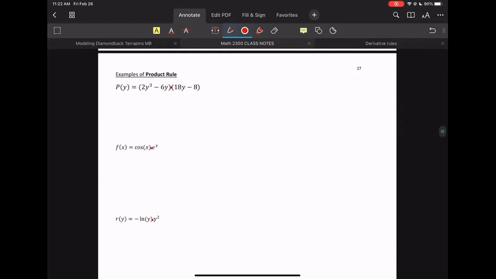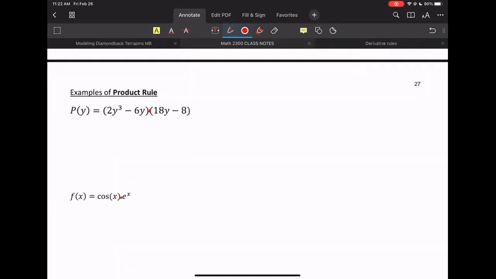So let me zoom in on this one. This is our f function, and we're multiplying it by this g function. When we think about it like that, we want to use the product rule, with those two things as our f and our g.